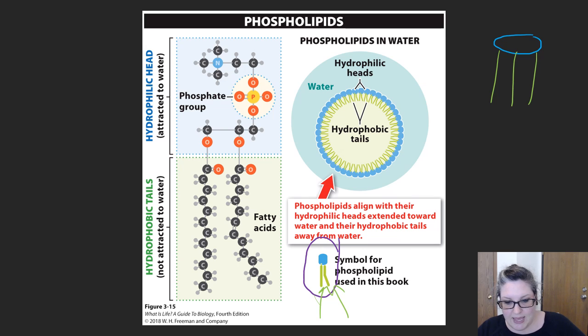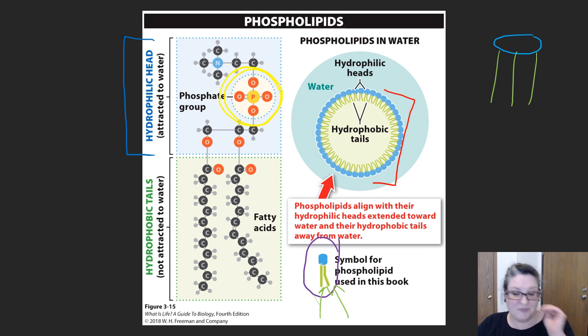It does have a head area up here at the top, and instead of a glycerol, it has what we call a phosphate group, which is a phosphorus and 4 oxygens. Those of you who had chemistry know about the phosphate group. And interestingly, it groups itself like this to make cell membranes. And we're going to talk about that lots until you're probably sick of it.